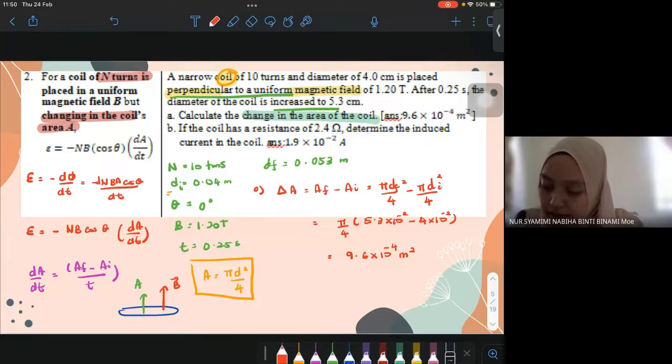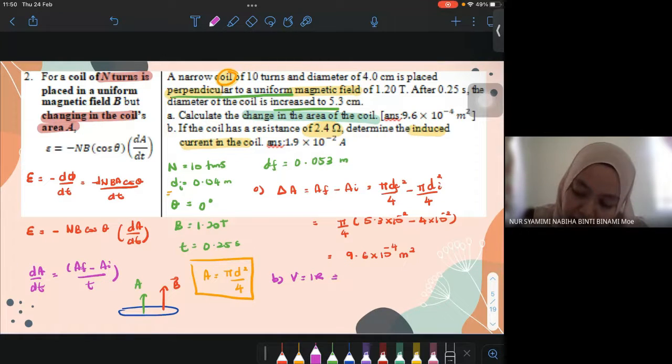Okay. And B, dia kata, if the coil has resistance of 2.4 ohms, determine the induced current in the coil. So, dia dah bagi radius, dia dah bagi resistance. We just straight away using formula V equals to IR. Ini sama dengan induced EMF equals to I induced R. Okay.